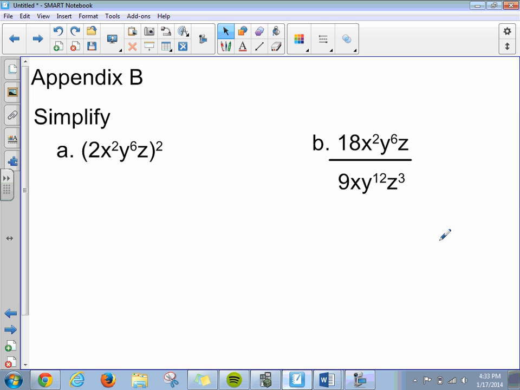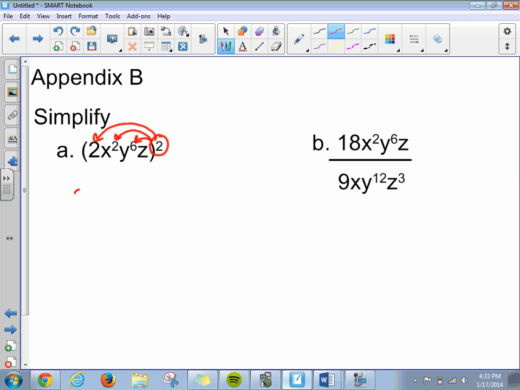They ask us to simplify, and we've got one where we've got our expression raised to an exponent, and then we've got one that's one expression divided by another. So let's see how we can simplify. With this one, we're going to take this exponent and distribute it to everything.